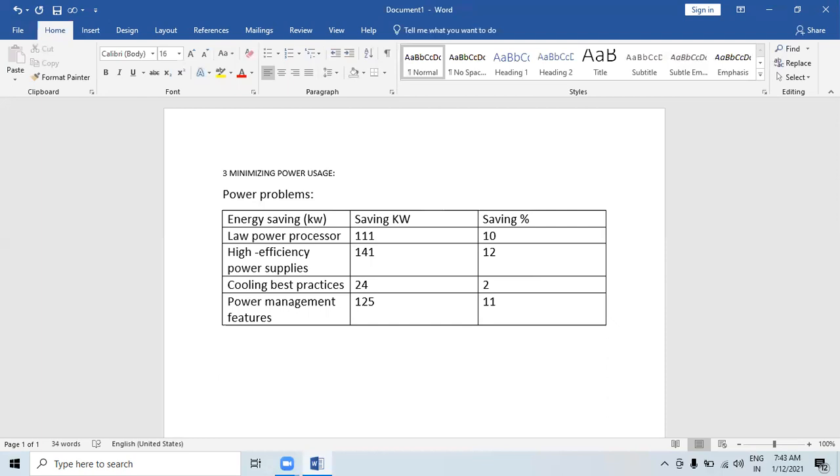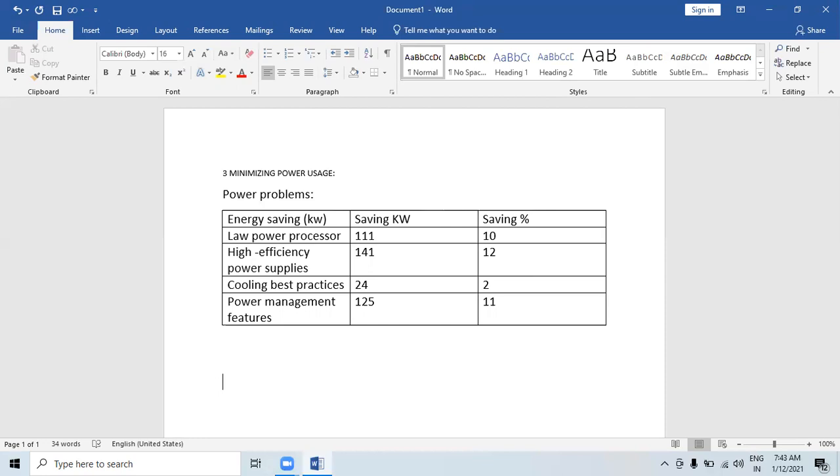So power is not cheap, and data centers use a lot of power. In the USA, data center power consumption totaled 45 billion kilowatt hours in 2005.